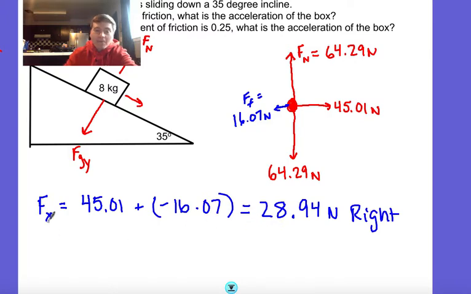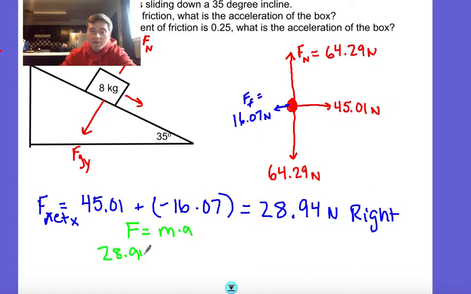So that's a net force. That is our net x. That is the net force in the horizontal direction. So we have a net of 28.94 this direction. Okay, so all we have to do then is find the acceleration using that force. Force equals mass times acceleration. And we know that the force is 28.94.